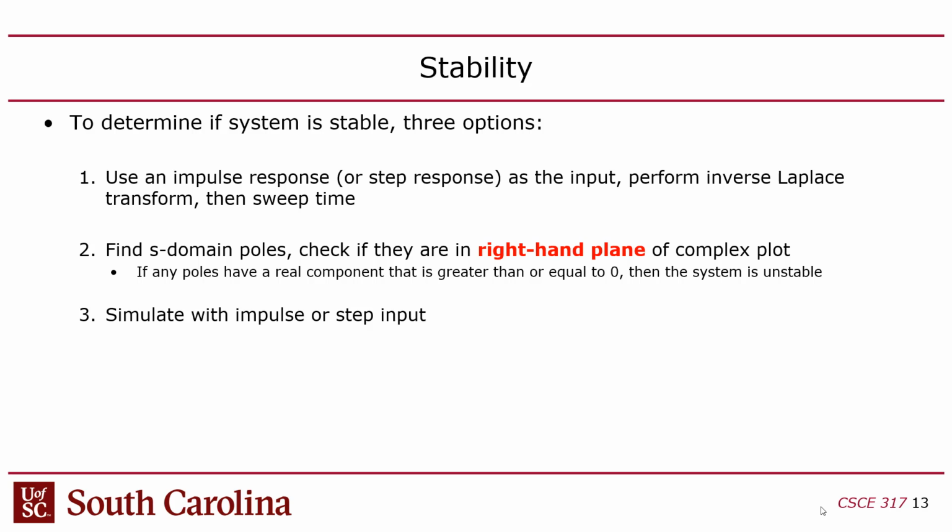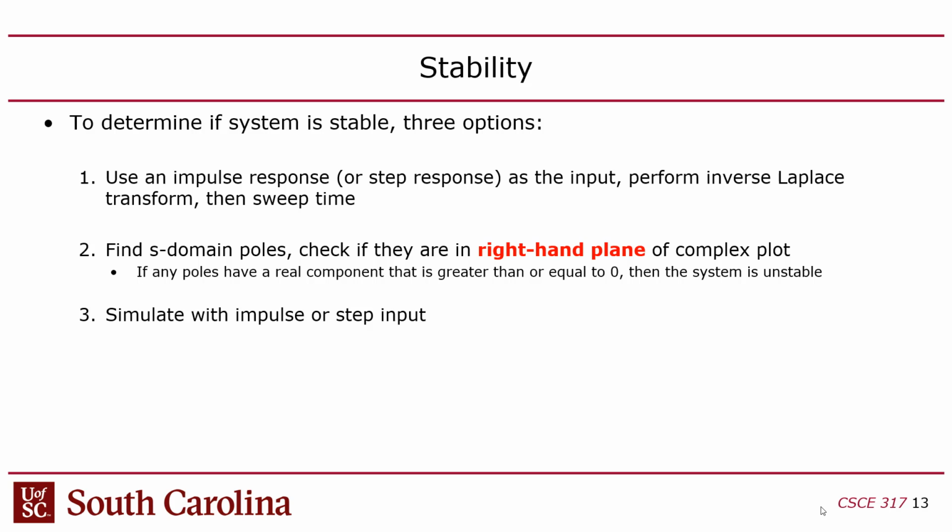So the problem is that, let me back up here a second. Generally, if you have a transfer function, it may be stable for some frequency ranges, but not for all, right? So what you don't want to do is design a system and then give it a sinusoid, and then look and see, well, it's stable, right?